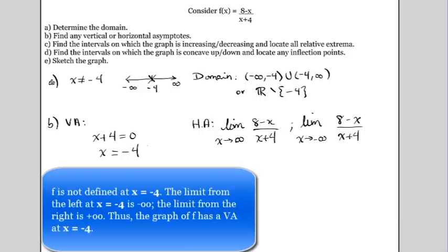I'll leave it to you to verify that in both cases we get negative 1 as an answer. That means that y equals negative 1 is a horizontal asymptote.